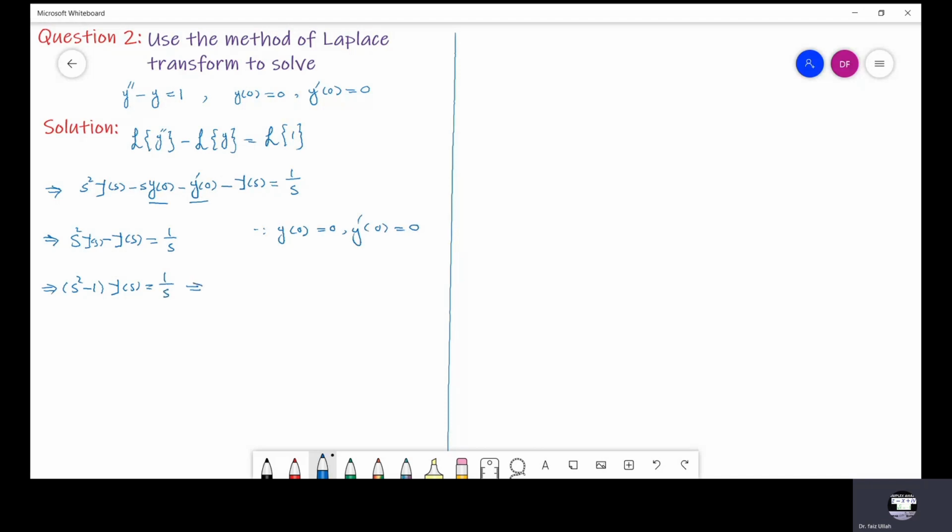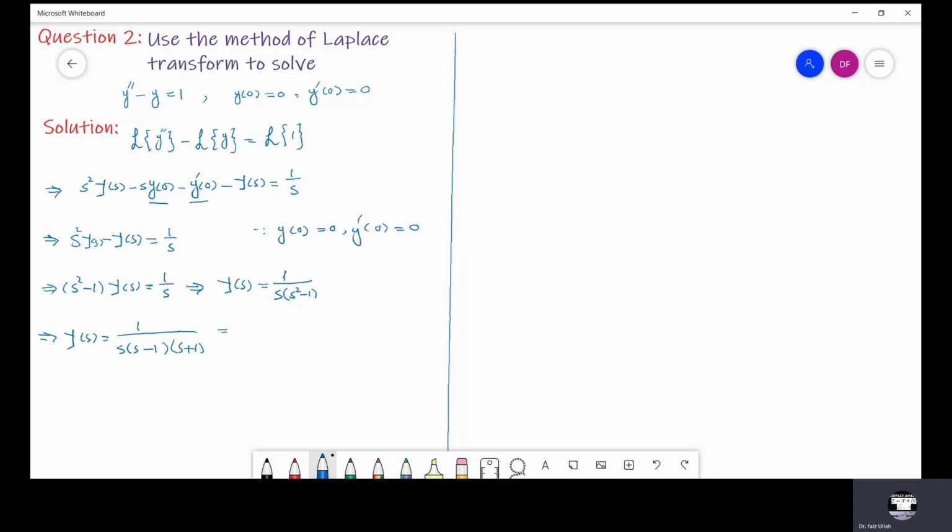And if we further simplify this, we have Y of s is equal to 1 over s into s square minus 1. If I further simplify this, I can write Y of s is equal to 1 over s into s minus 1 into s plus 1.